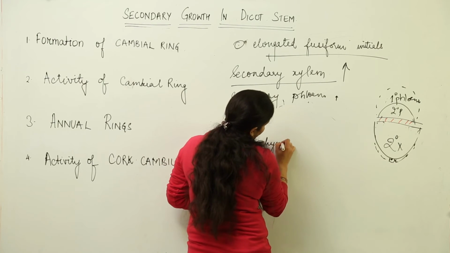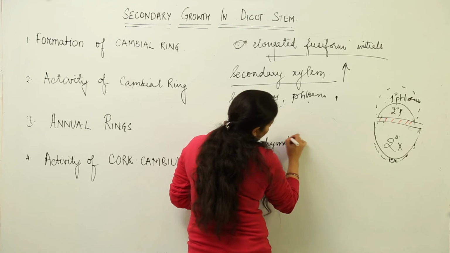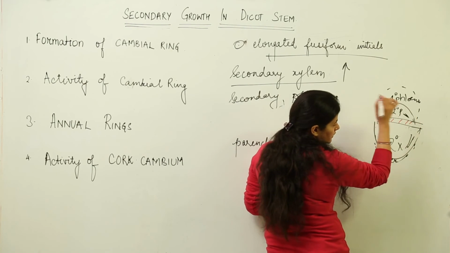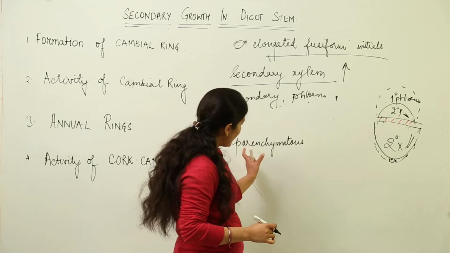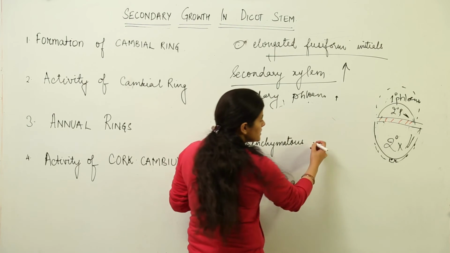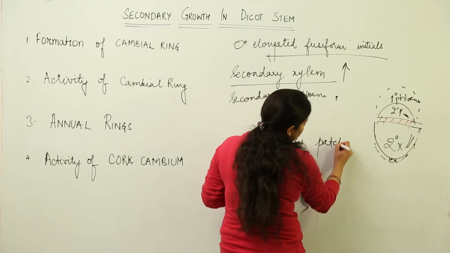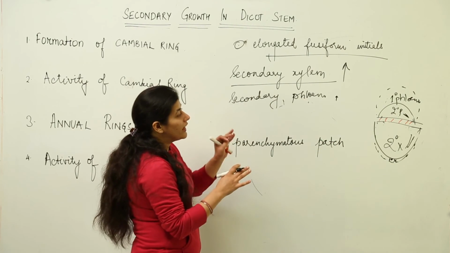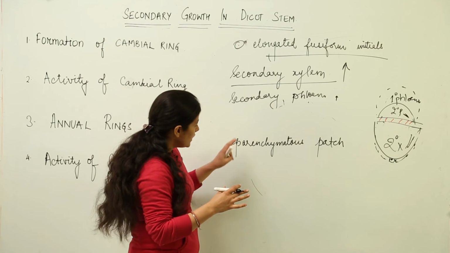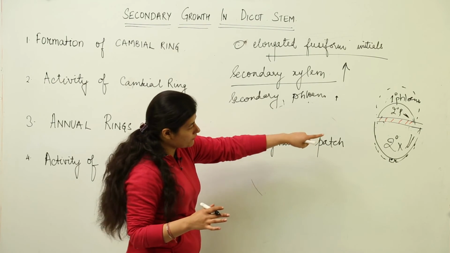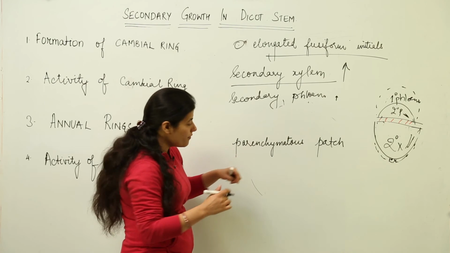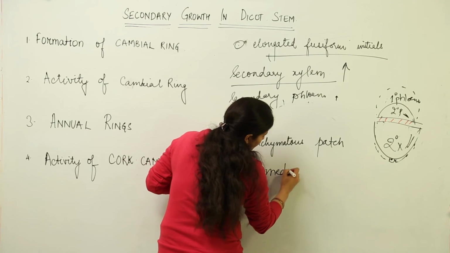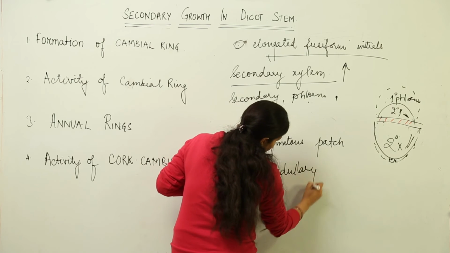These parenchymatous cells would be found within the secondary xylem and within the secondary phloem. So this parenchymatous patch of cells, which is formed from the cambial ring, would form patches found in secondary xylem and secondary phloem, and that would be known as secondary medullary ray. So this you have to understand.